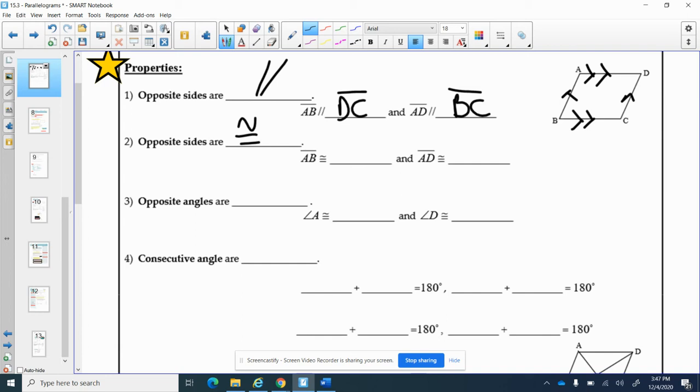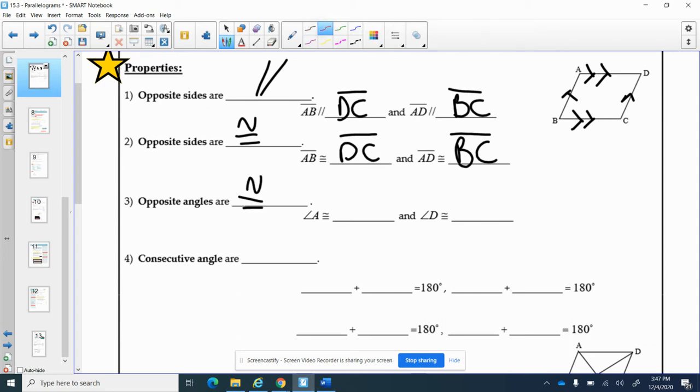AB is not only parallel to DC, but congruent to DC, and AD is congruent to BC, those opposite sides. Opposite angles are congruent to each other. So angle A is congruent to angle C, and angle D is congruent to angle B.